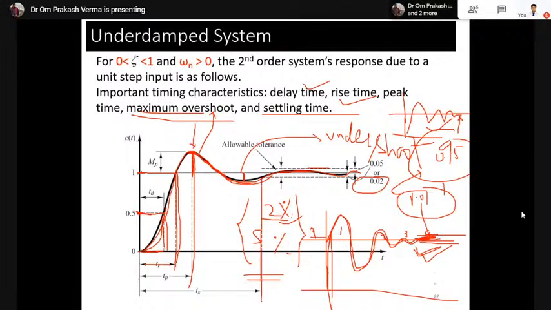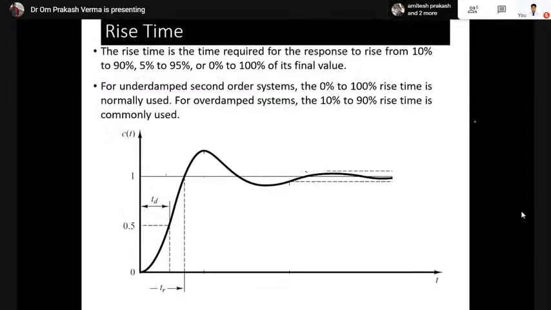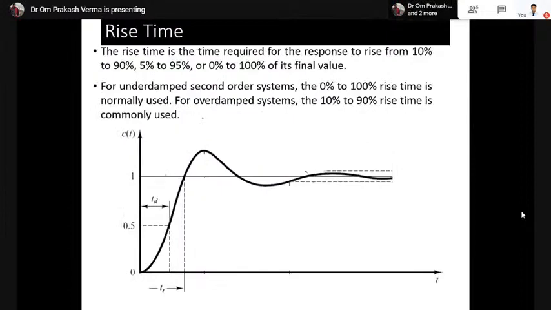Okay, so mathematically everything is defined. The delay time is the time required for the response to reach half of the final value for the very first time. Then this is the rise time. For the overdamped system it is 10 to 90%, and for the underdamped system it is 0 to 100%.